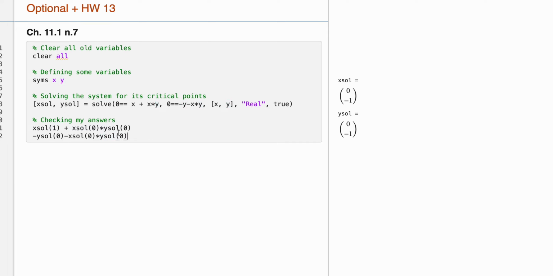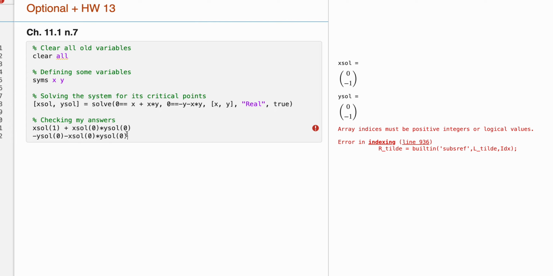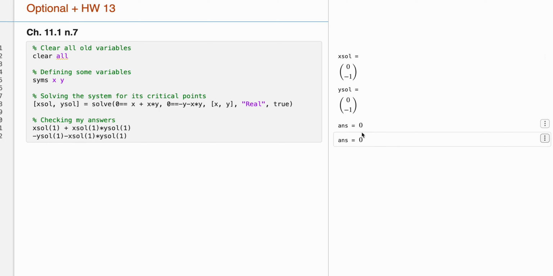I want to see if I get 0 with these. Do I get 0? This is the million-dollar question. Now they're saying, hey, indices must be positive integers, so I think they want us to start at 1. I started with 1, and then I put everything else at 0. So the 1 is the first entry, and we get 0, 0, so we're confident this is a solution.